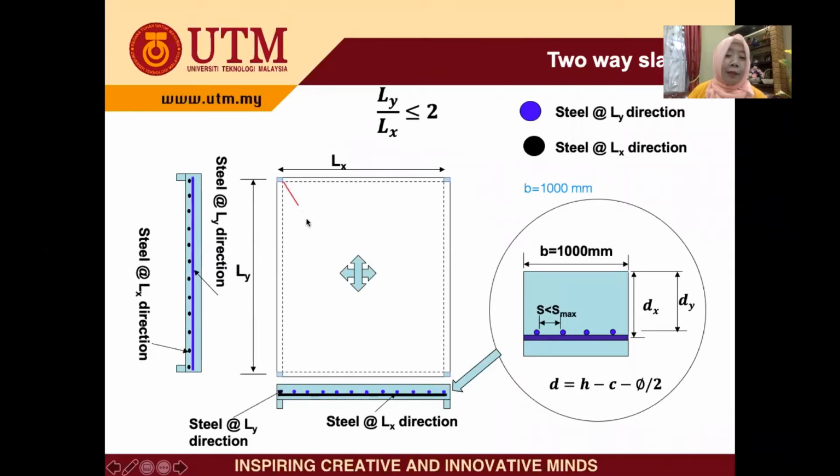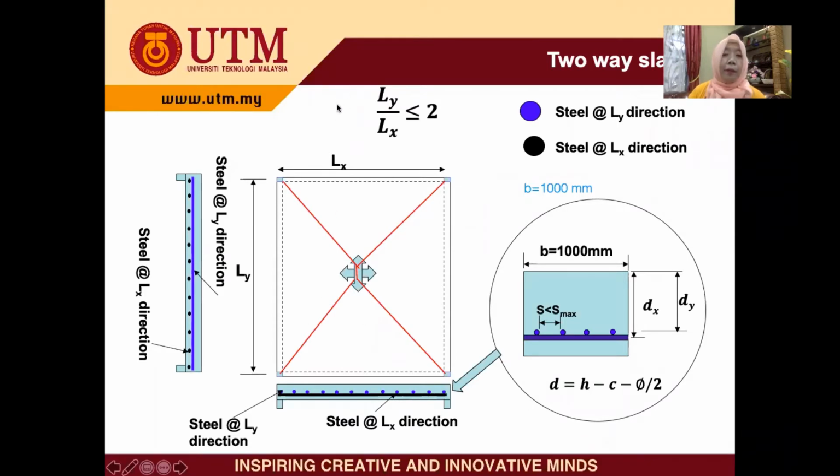Because during ultimate limit state, remember last time, the pattern of cracking. So we have a crack like this. In order to prevent this cracking, the red one is the crack pattern.